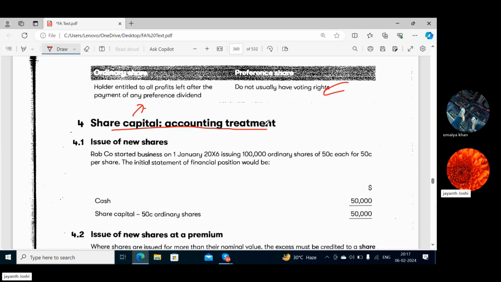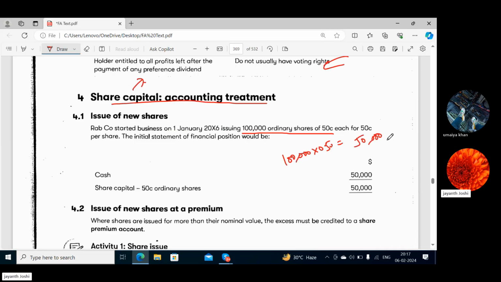What are they saying? Issue of new shares. Rob company started business on the 1st of January 2006, issuing 100,000 ordinary shares of 50 cents each. So 100,000 into 0.50, the capital is around $50,000.